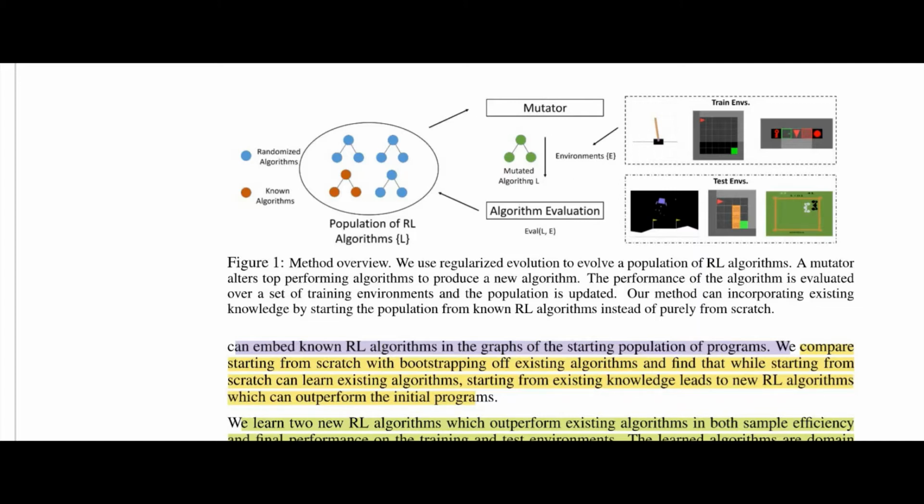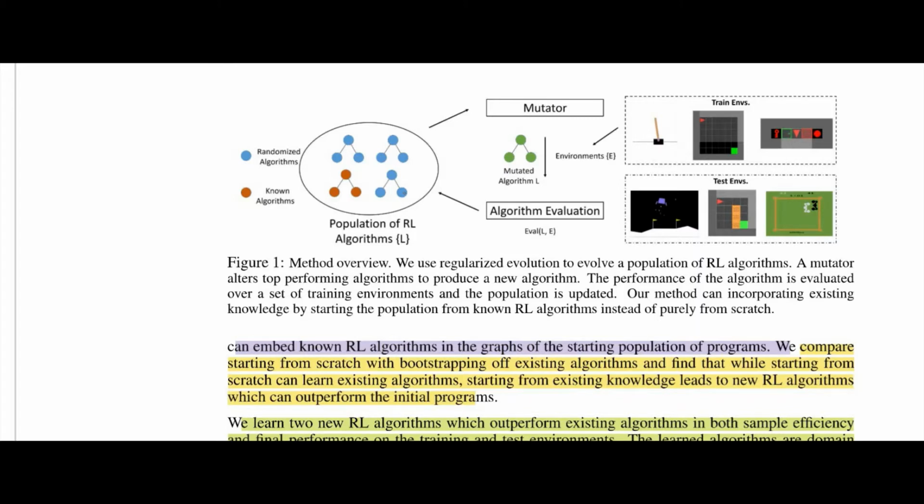So you get a mutated algorithm, and then you use a train environment to train an agent using that mutated algorithm, and then you evaluate your algorithm. You basically evaluate how much reward you got, and then using that reward you figure out what algorithms should make it to the next generation, because it is an evolutionary algorithm.